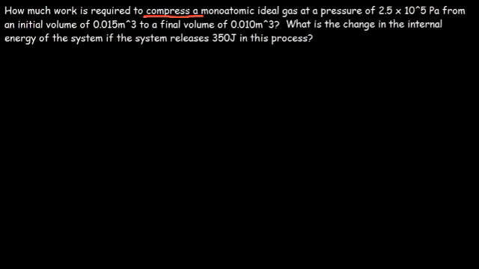So what equation can we use to calculate the work required to compress this gas? Earlier in the video, I mentioned that for isobaric processes, the work is equal to the pressure times the change in volume. But let's derive that equation.